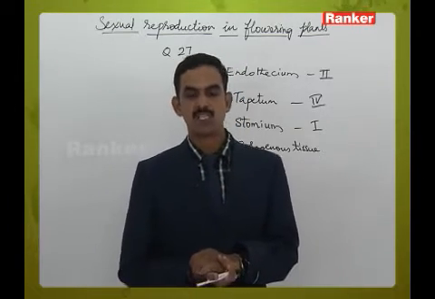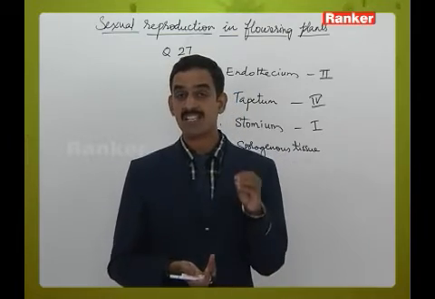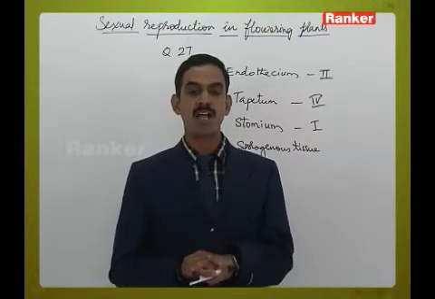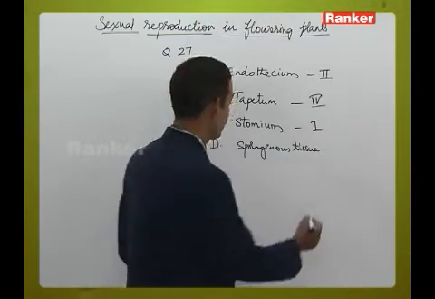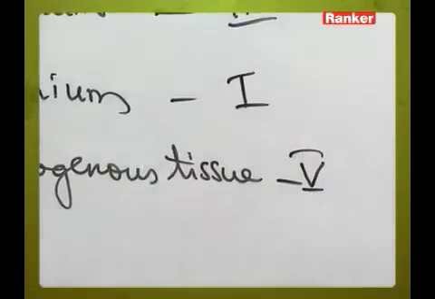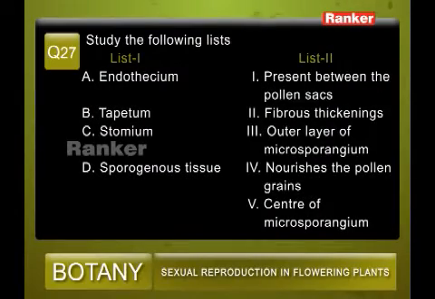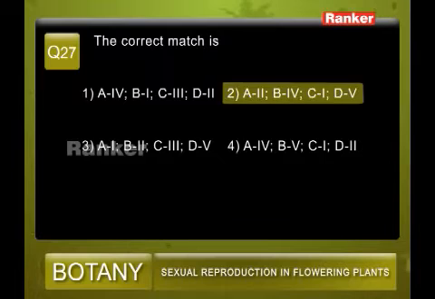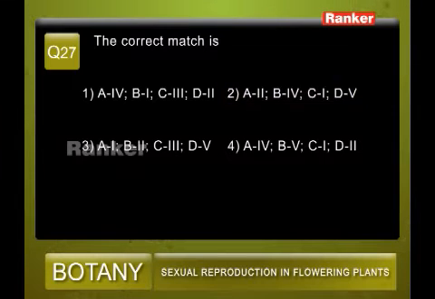From the given options, it is the one occupying the center of the microsporangium. So that is 5. So A is 2, B is 4, C is 1 and D is 5. So question number 27, the correct answer is 2.